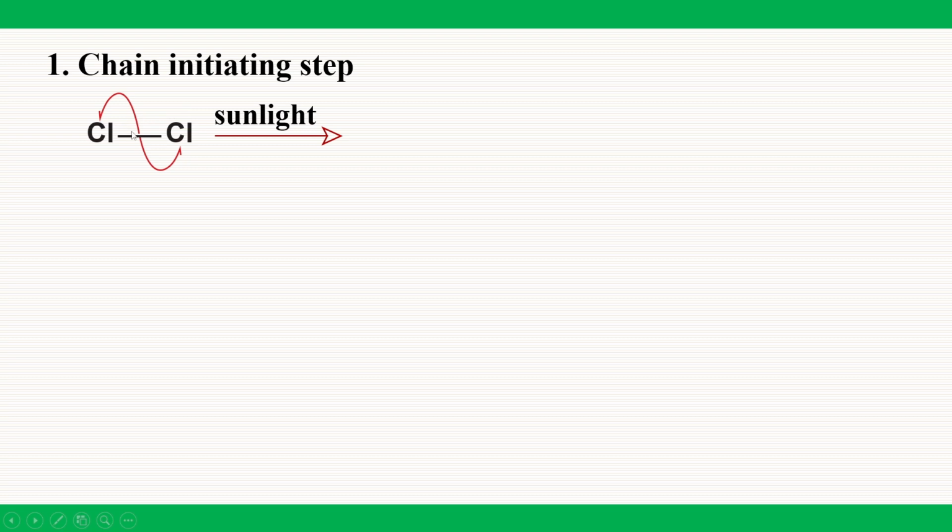It means this bond is broken so that each chlorine atom gets 1 bonding electron. This chlorine atom gets 1 bonding electron, and this chlorine atom gets the rest. The electron transfer is shown by this type of curved half arrows.